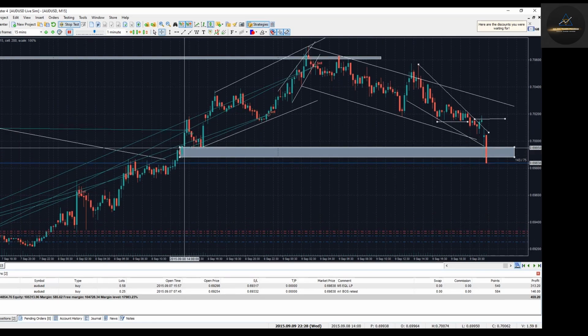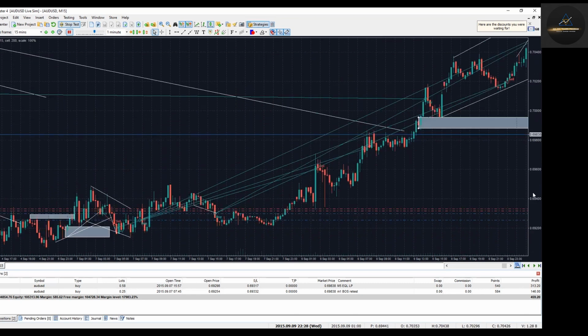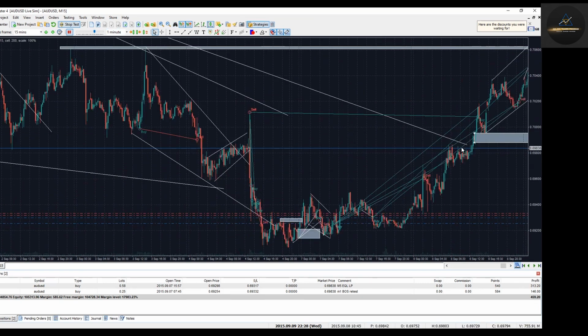Yes, there is. And let's zoom out. How significant is it? Did this one break this high? Yes, it did. As you can see, this was the significant high and this is a significant low.